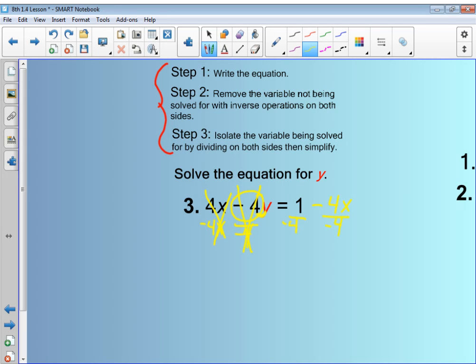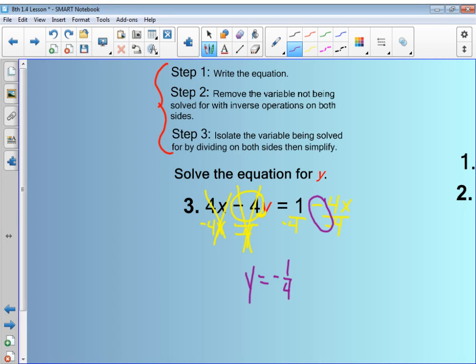Okay, so now when I simplify this out, I have y left by itself equals 1 divided by 4, so I could do it as 0.25. I'm going to leave it as a fraction. So it's negative 1/4 because there was 1 negative. Now here's the tricky part. There's 2 negatives between those 2 4s. In division of integers, 2 negatives make a positive.